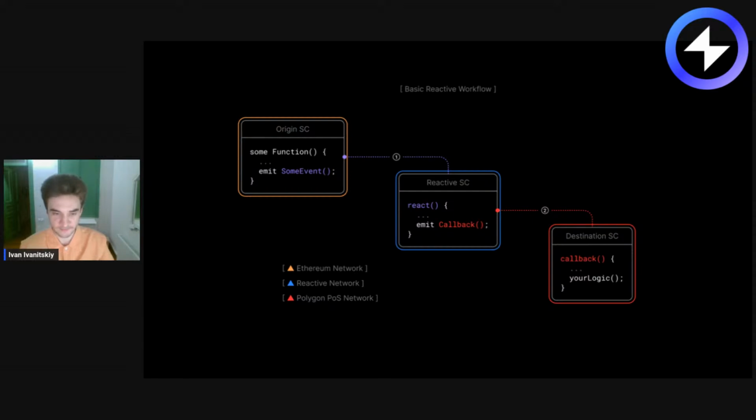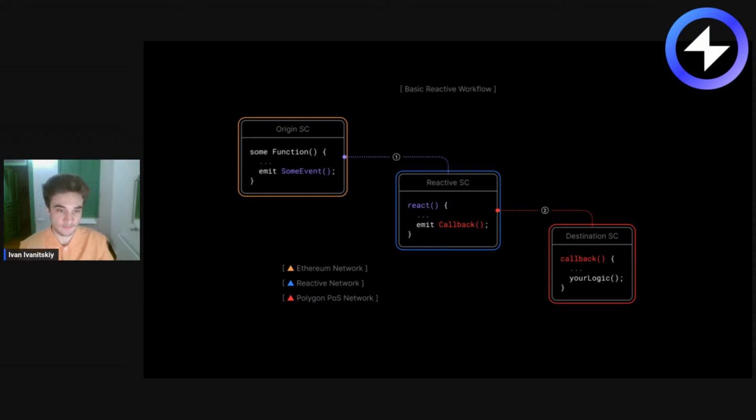So it sounds very simple, and it's pretty simple to build on, because it doesn't add a lot of tech on top of what you already know, because it's Solidity, it's an EVM chain, it's the same set of tools. You can use MetaMask, you can use Foundry, you can use Remix, you can use whatever you want.